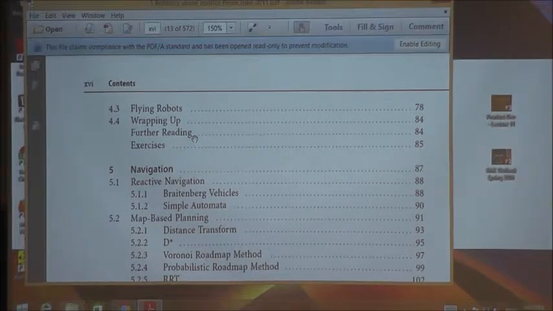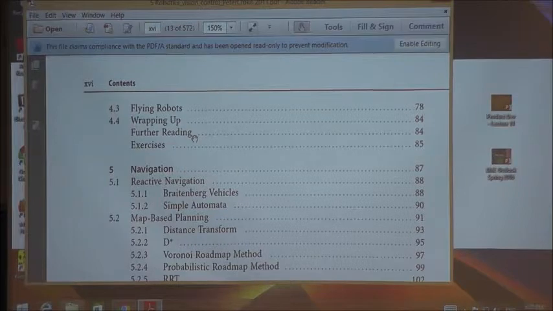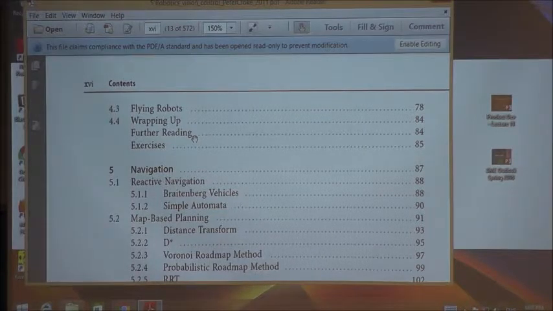And learn the foundation of trying to correct odometry error through estimation theory, for example, Kalman filter. I don't expect you to do Kalman filter on the exam, but I expect you to know how it works, why it works, and what does it do for you. Okay? What does it do for you?